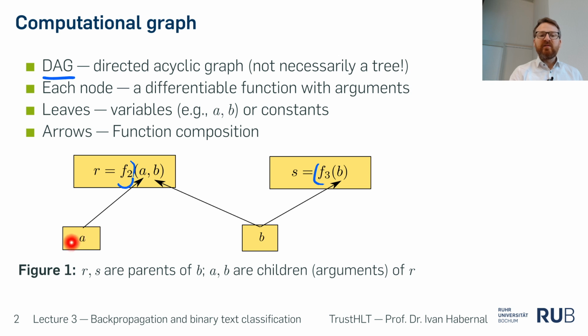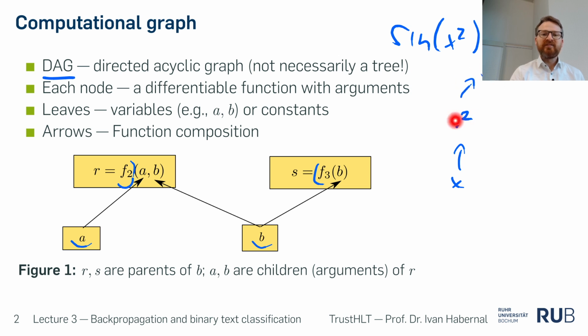And the leaves are the variables, which are the input, and the arrows are function composition. Okay, does that make sense? You can compose a function, so whatever, you can try. What could be the sinus of x squared? We have x, it goes to something squared, and it goes to something sinus, right? This would be the graph. Any questions?